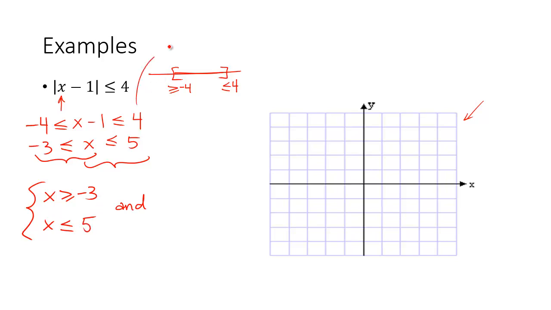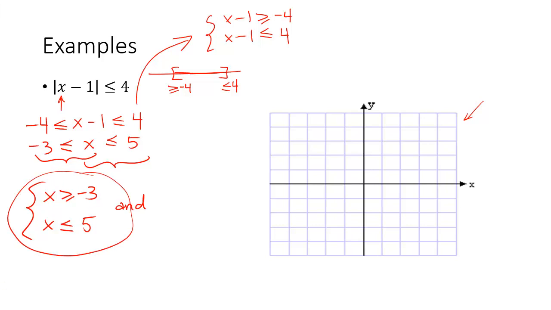You could have also split them at the beginning into x minus 1 greater than or equal to -4 and x minus 1 less than or equal to 4. Either way, those will result in the same solution.